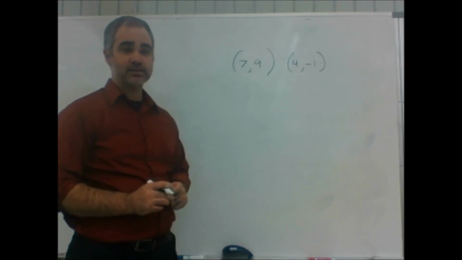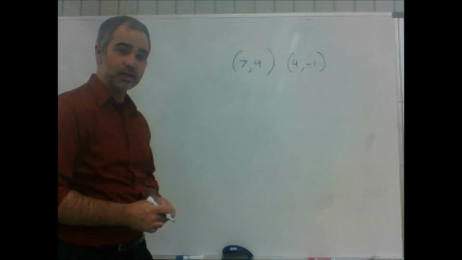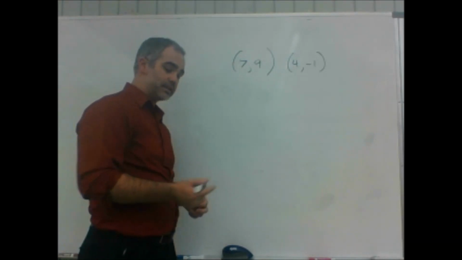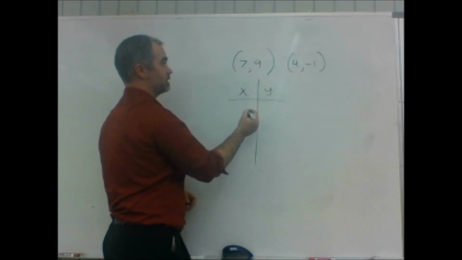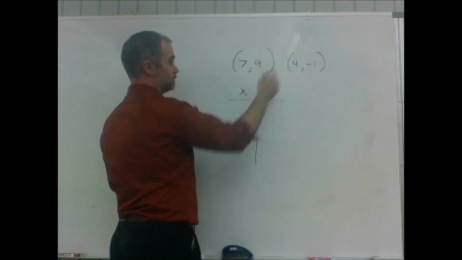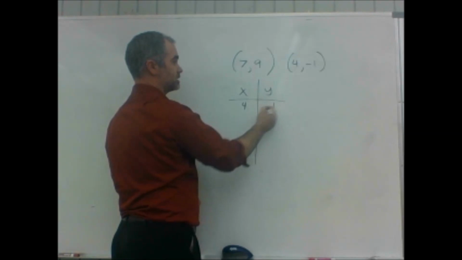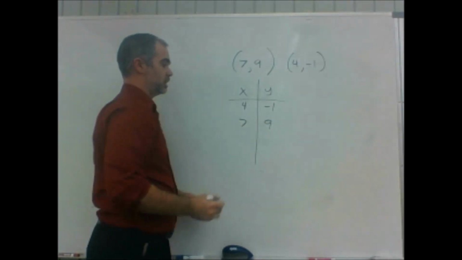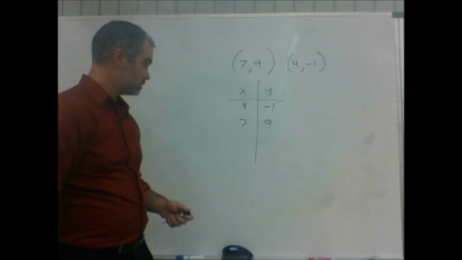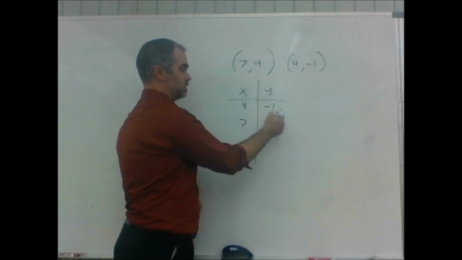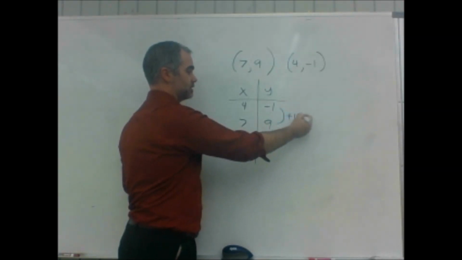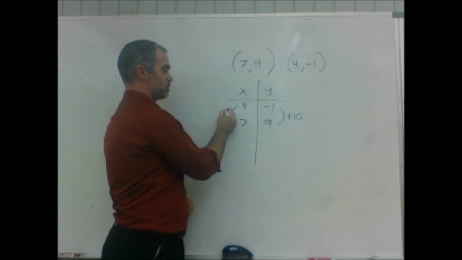All right, hopefully you've tried this, and I imagine if you tried to find this the other way, that you would hate this. All right, we can find our points here. I'm going to put this one first because it's a lower x number. And I'm going to find my slope, which is going to be -1 to 9 is +10. And this is 3.